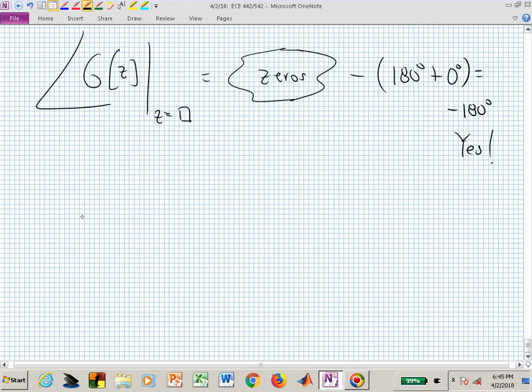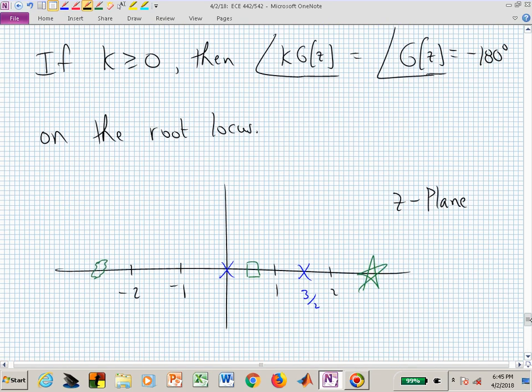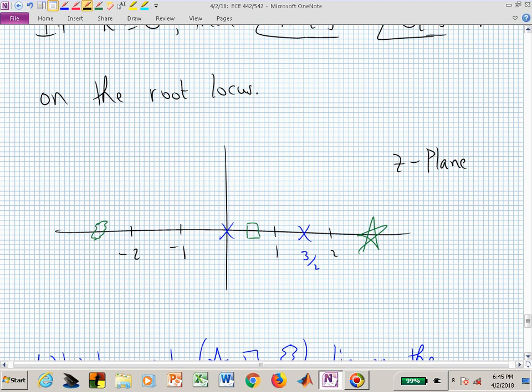Let's now look at the angle of G at the cloud. So now at 3/2, I need to look from the positive real axis to the cloud. I now need to look from the origin, positive real line, to the cloud. 180.